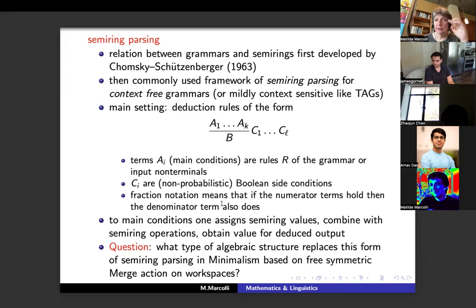But in a sense, the idea here is, what if I want to do something similar in the case of merge? We were seeing that a merge derivation, the way we were discussing the action of merge on workspaces, was constructed in this way. You start with a workspace that is just a collection of your lexical items, trivial trees that consist of a single leaf with a label, or a big forest that consisted of components that are just labeled leaves.